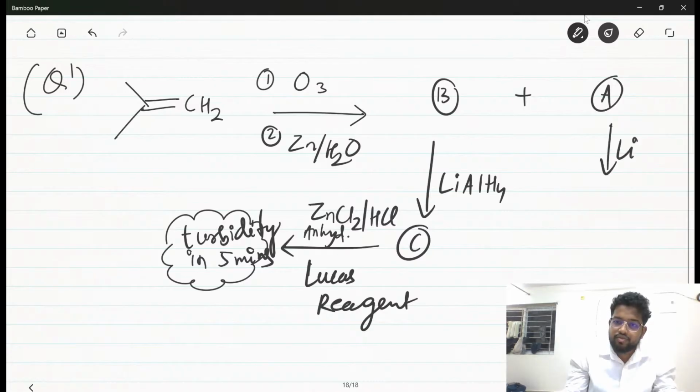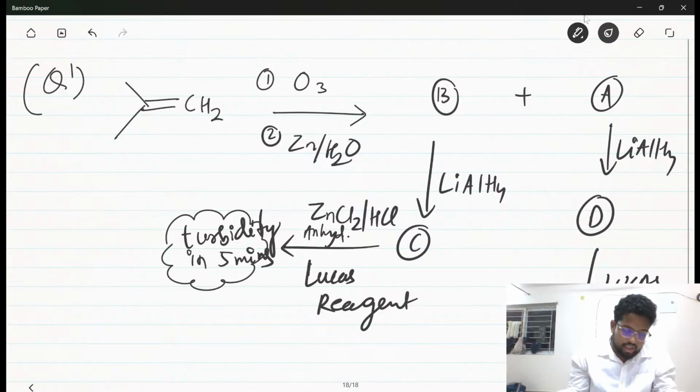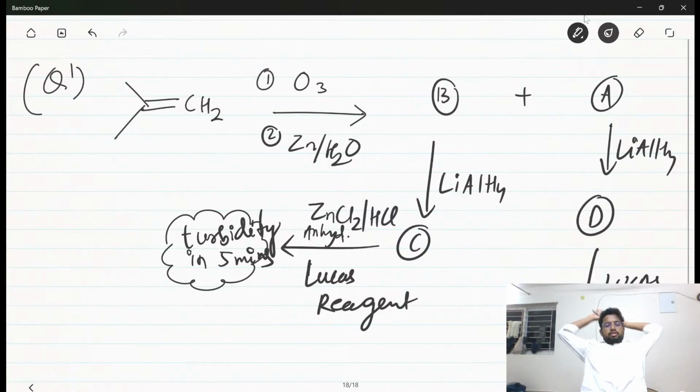Now this A reacts with LiAlH4 and gives D, which when treated with the same Lucas reagent gives turbidity in hours. So for this question, you have to understand the Lucas reagent test.